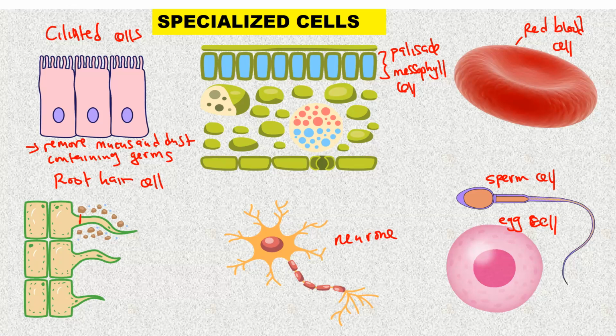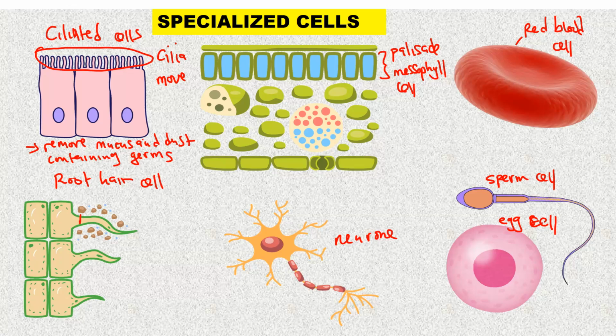Then what about the root hair cell? Before we go to the root hair cell, sometimes you might be asked about the adaptations. With adaptation, we are just looking at the parts that make these cells perform their function, that is sweeping out dust. So it has the cilia on top there, and these cilia are able to move. Sometimes you find which specialized cells contain parts that move.